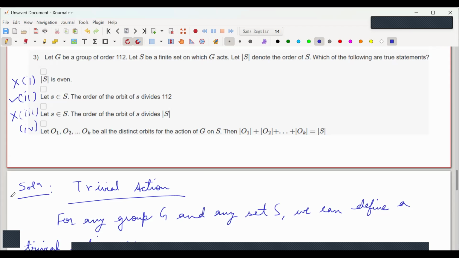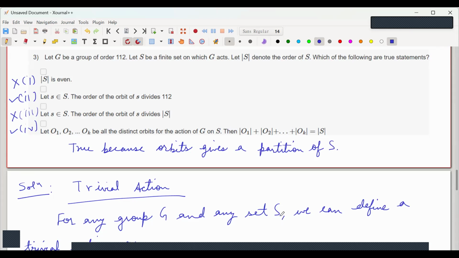This is true because orbits give a partition of S, right?